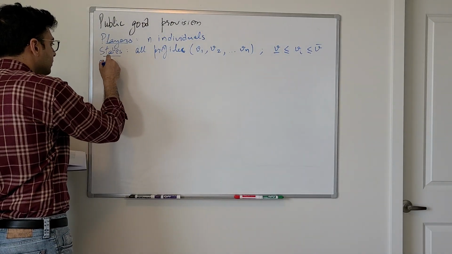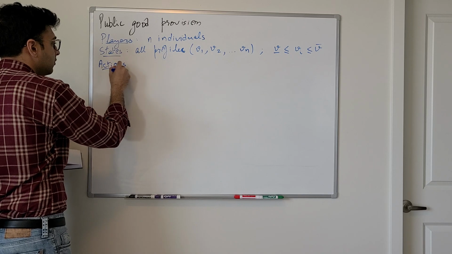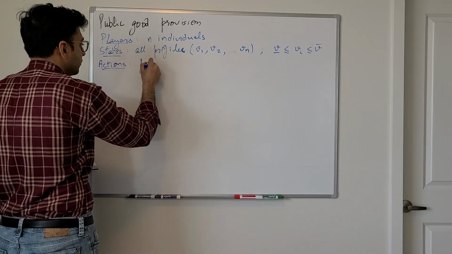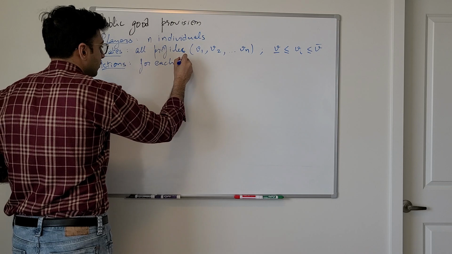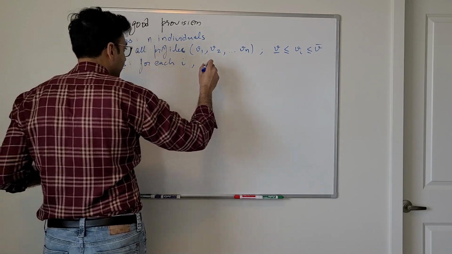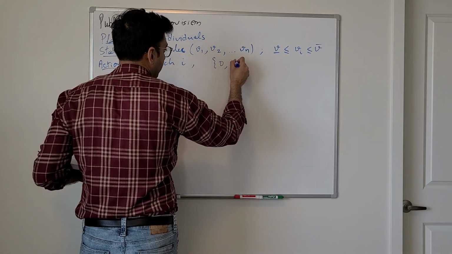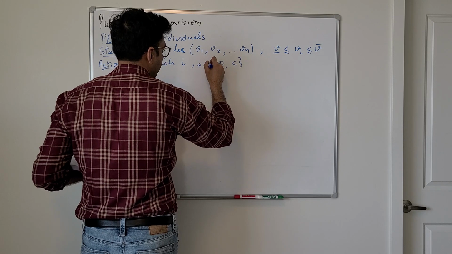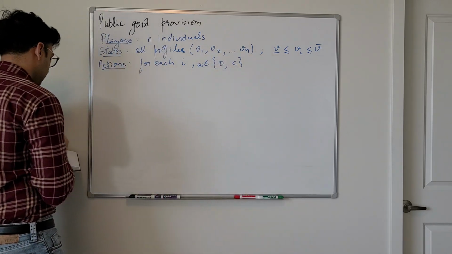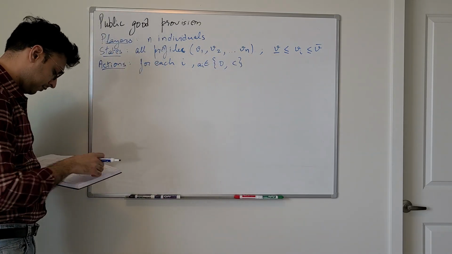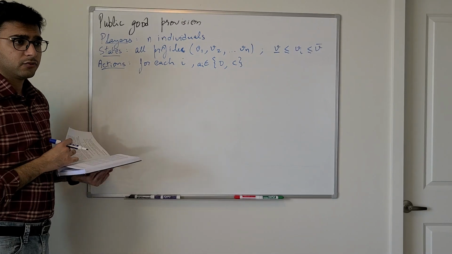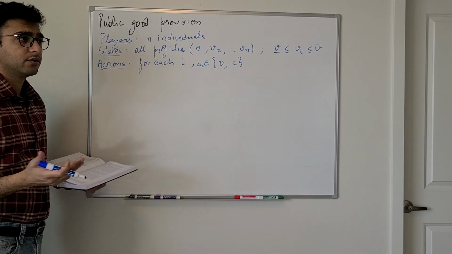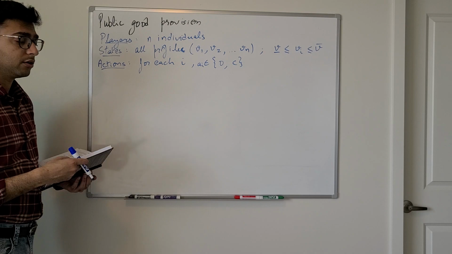The actions, so for each player, the action will be either 0 or C. Right, because for each player, all they're going to choose is either to contribute or not to contribute.